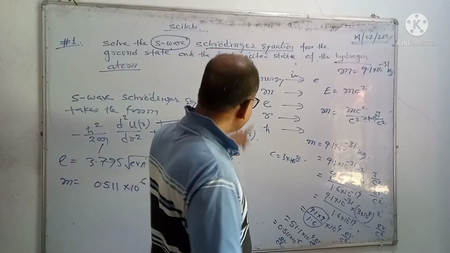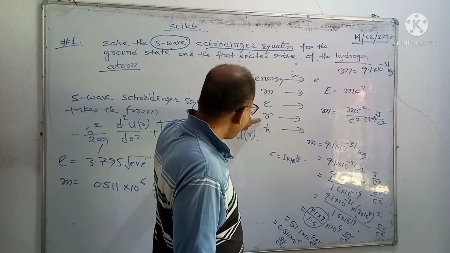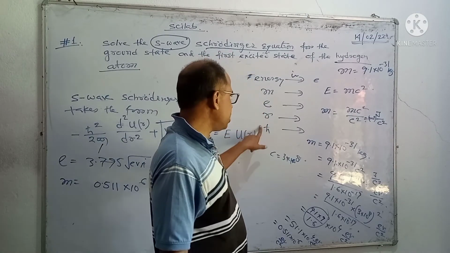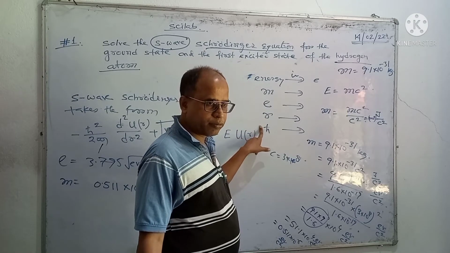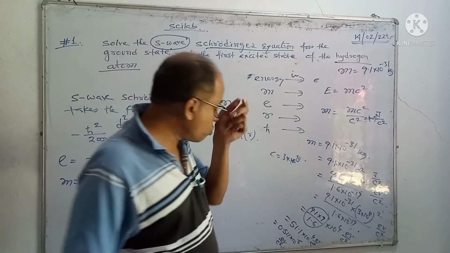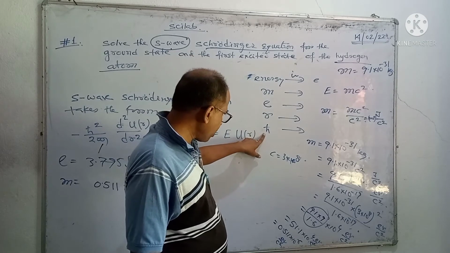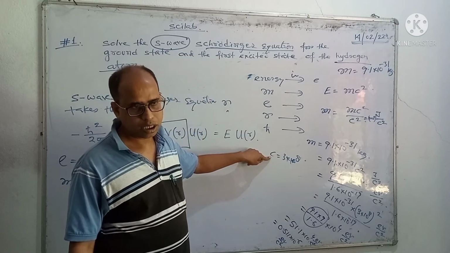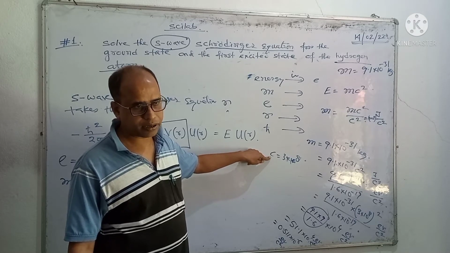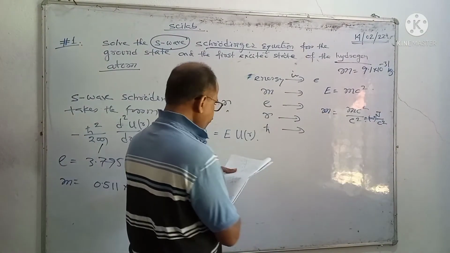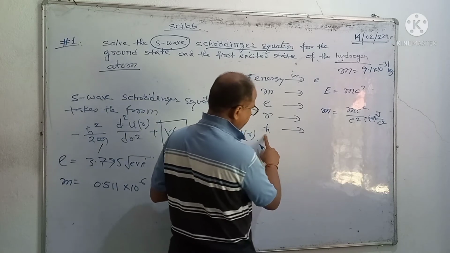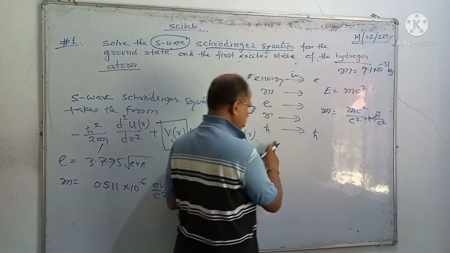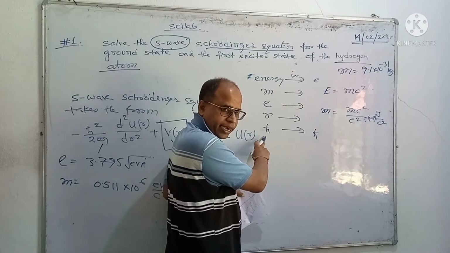Next, charge is done. R is in angstrom. Next is H cut. This value I have to convert. Now to convert H cut, because C is a universal constant. Next, H cut. We know the standard value of H cut is called reduced Planck constant.